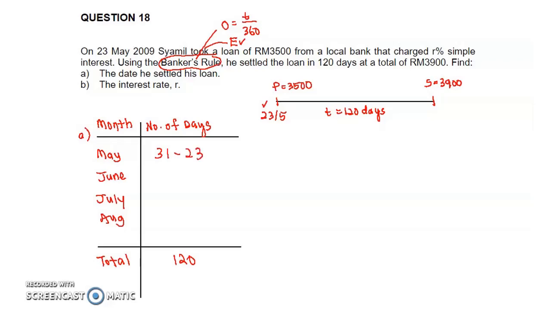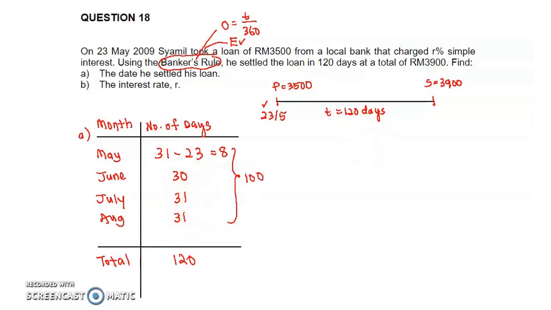So 31 minus 23 equal to 8. So in May we have another 8 days. June exact days is 30, July 31, August 31. So from 23rd May until 31st August is how many days? 8 plus 30 plus 31 plus 31, so this will be 100 days.